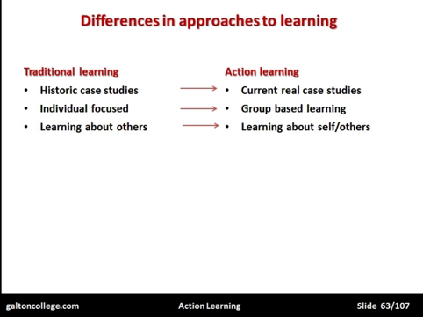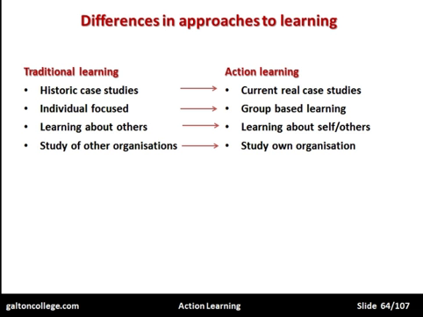Traditional is learning about others, whereas action is learning about oneself and learning about others. So it's different. Traditional is studying other organizations, while action is studying own organization, studying the organization in which they find themselves. So it's not looking to other organizations, it's not looking in the abstract, it's looking at their own organization where they are engaged at the moment.